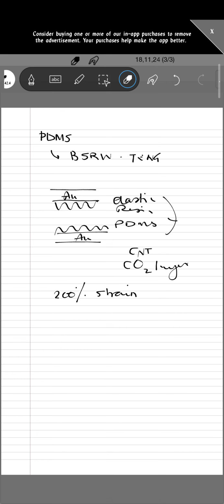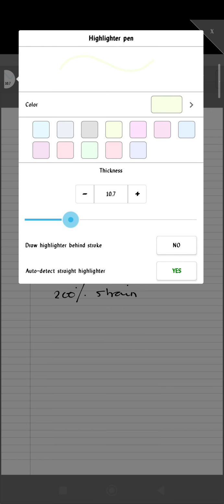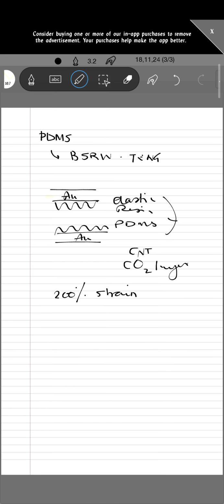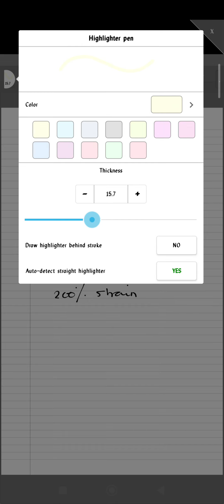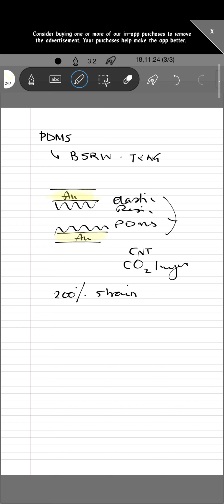And so this is the gold, through which the conduction is taking place, and you have elastomer, and then again there is PDMS, which has been coated with carbon nanotubes.